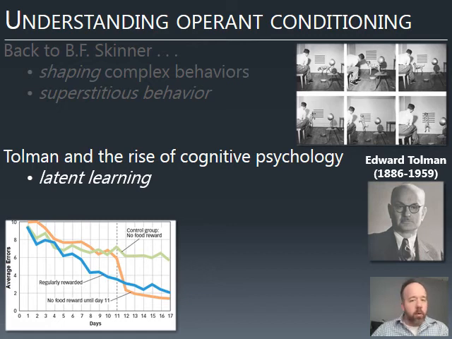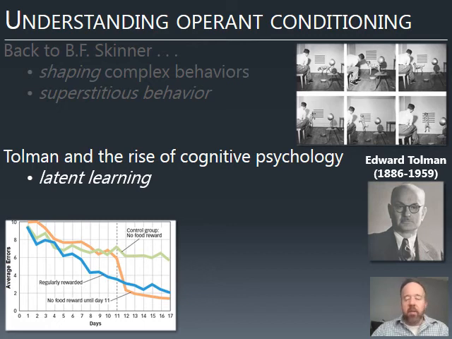So the mice got food when they got to the end of the maze. Not surprisingly, the mice got much quicker at solving the maze when they were rewarded at the end. But there was a third group, and this is the important one. The third group was allowed to explore the maze without reward at first, but then after a few days, Tolman started rewarding them for getting to the end of the maze.